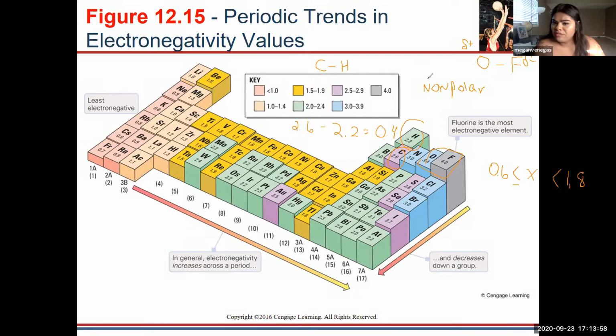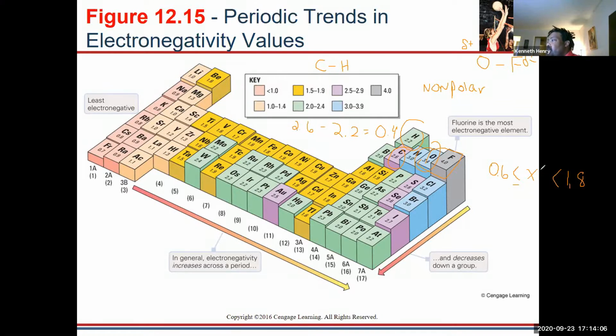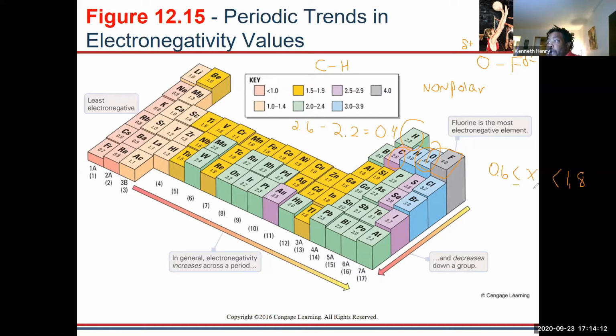Because fluorine has a higher electronegativity than oxygen. And since the difference falls within that range, 0.6 or greater, that means it's going to be a polar covalent bond. And anytime you have a polar covalent bond, that means they're sharing unevenly.